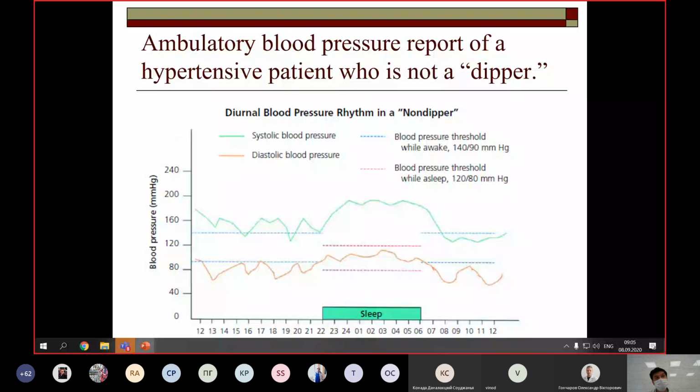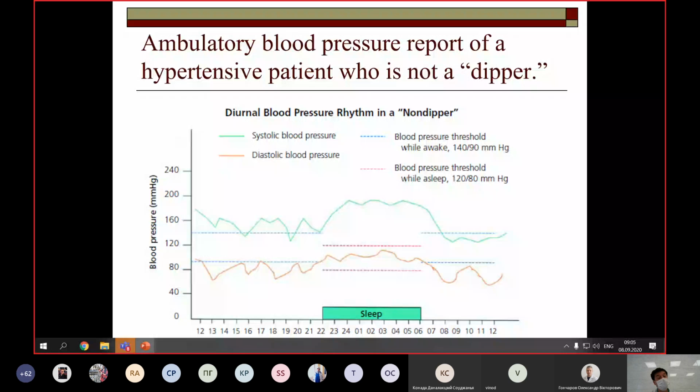So theoretically, this patient, based on the result of ABPM, should not be qualified as hypertensive. So it underlines why it is extremely important to use ABPM in routine to provide differential diagnosis and verify whether a patient is a candidate for antihypertensive therapy.